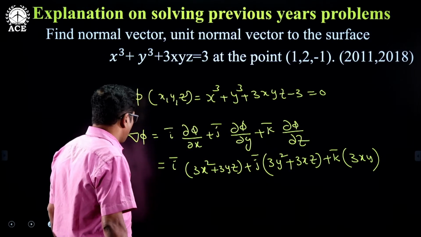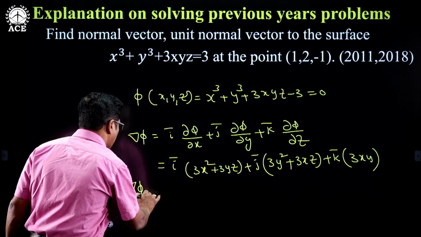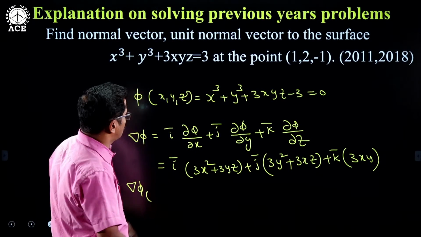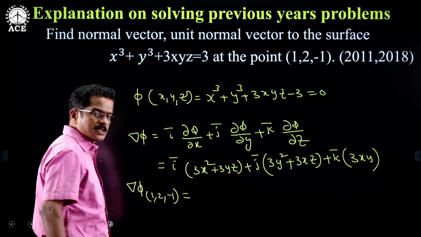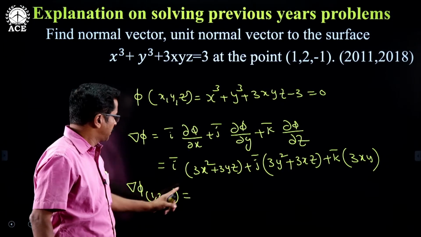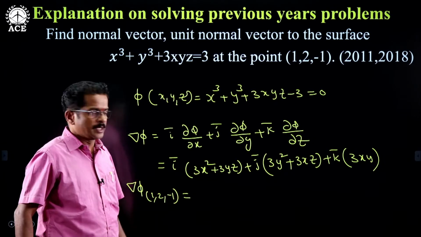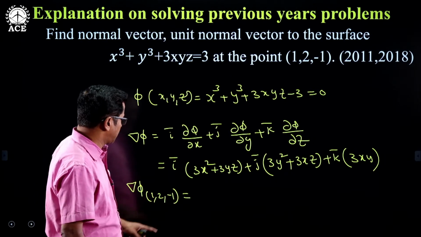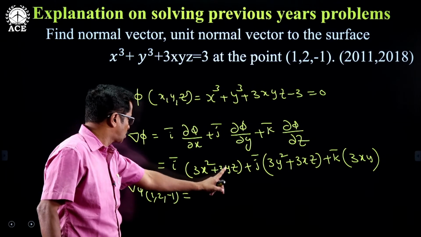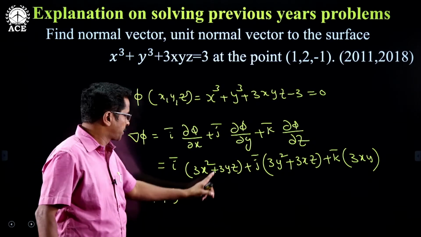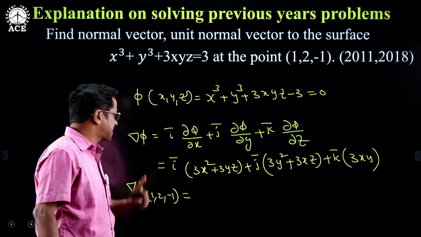Now del phi at the point 1, 2, minus 1. That means in place of x you put 1, in place of y you substitute 2, in place of z you put minus 1. What do you get? 3 into 1 square is 3, plus 3 into 2 into minus 1, which is minus 6, plus 3.